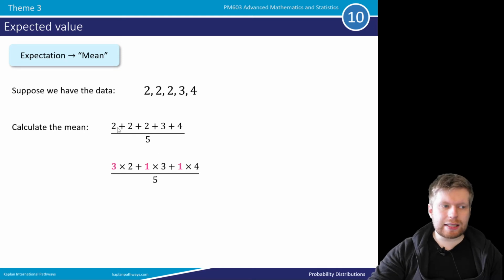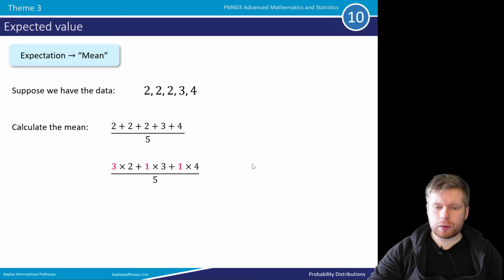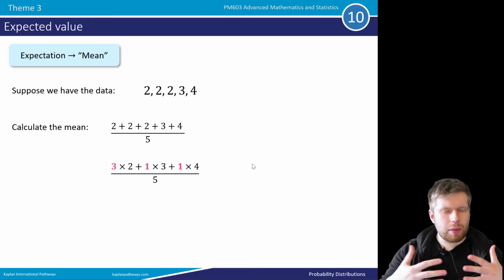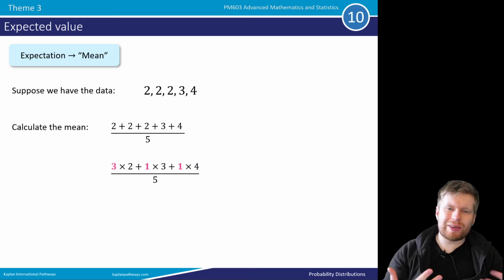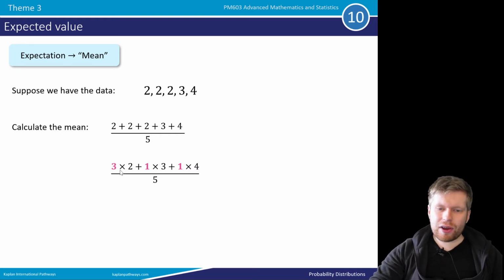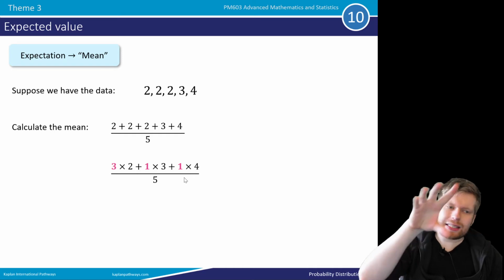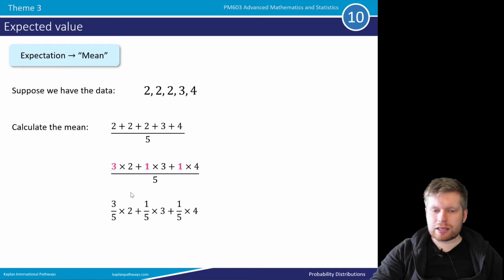Okay, all I've basically done is, instead of writing 2 plus 2 plus 2, I've said I've just got 3 2s, so I'm going to write 3 times 2, and 1 3, so 1 times 3, and 1 4, so 1 times 4. Now I'm in the position where I can actually start to deal with it in terms of probabilities, because if I break this numerator up, at the moment it's all over 5, but if I can break it up into 3 separate fractions that are each individually over 5, I would get something that looks like this.